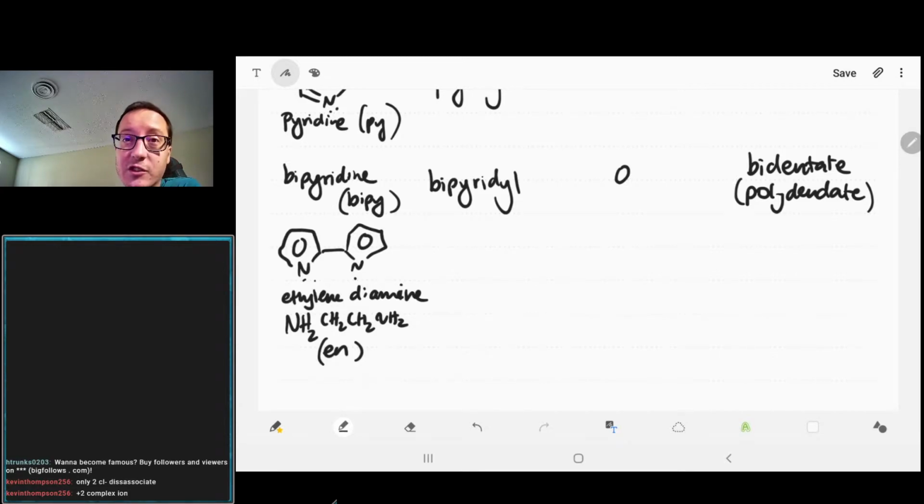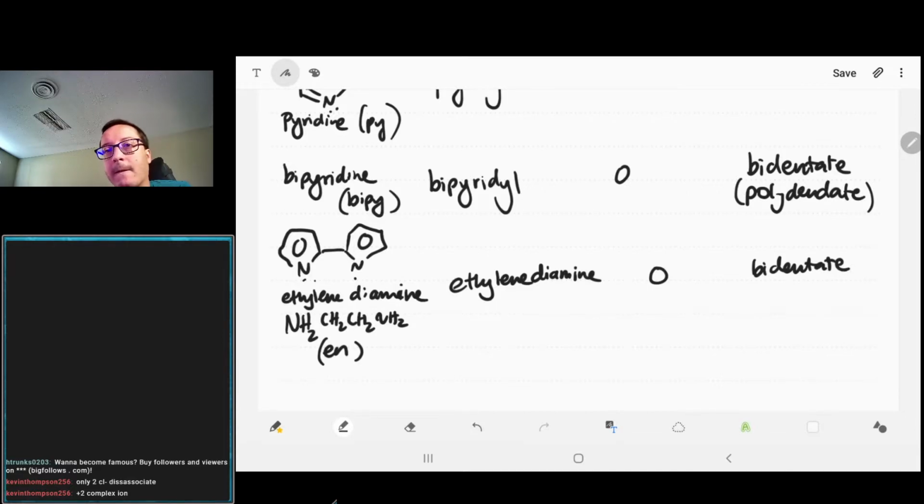We do not change the name for this guy, so we just keep it as ethylenediamine. No charge, but it is bidentate. It's got the 2 nitrogens there that we have.